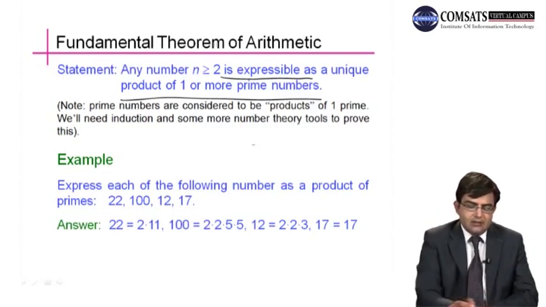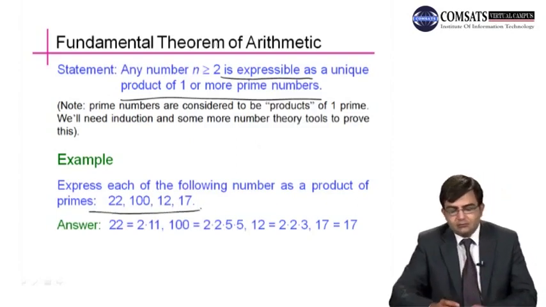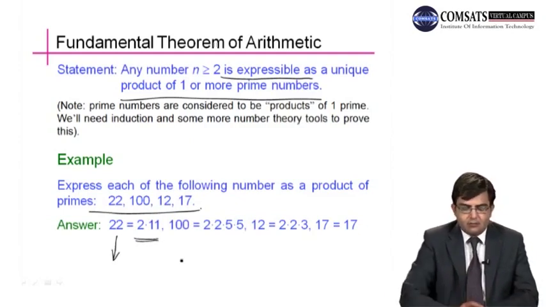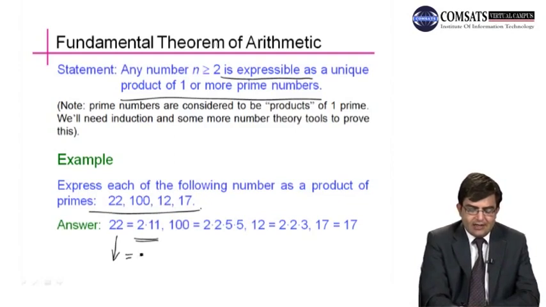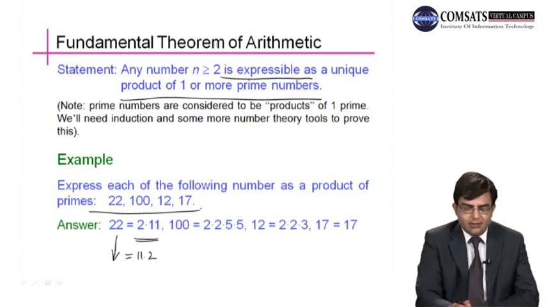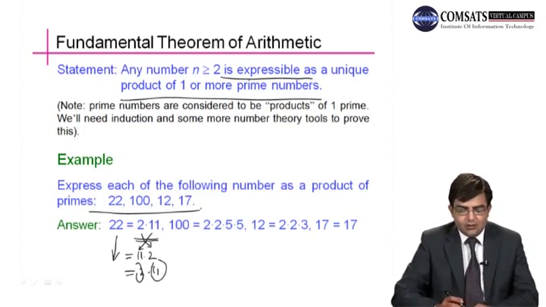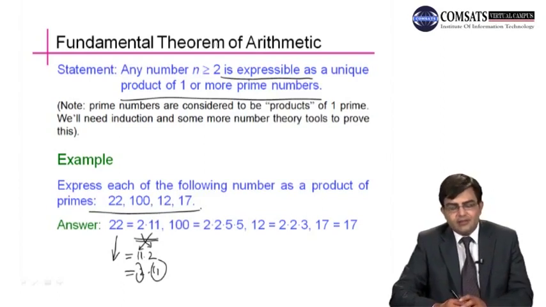For example, 22 can be written as 2 into 11, or as 11 into 2. The places of the numbers can be changed, but this expression is unique. This is basically equal to 2 into 11. There are no other prime numbers which express the product of 22.